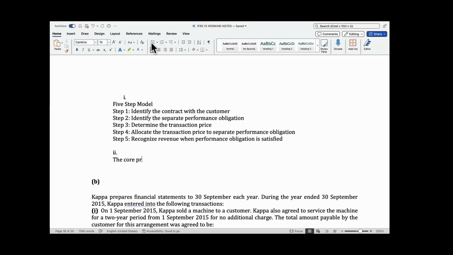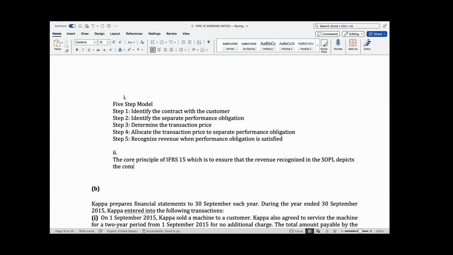But let me help you put it in a simpler term. Coming from the core principle of IFRS 15, which is to ensure that the revenue recognized in the SOPL depicts the consideration expected from the transfer of promised goods and services.